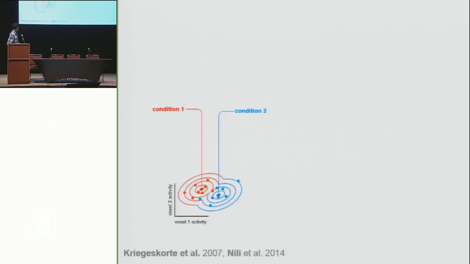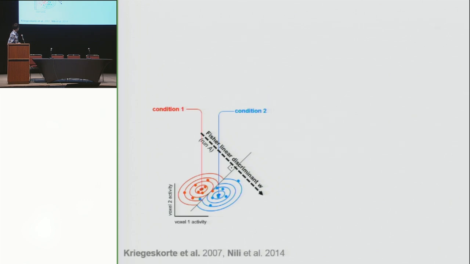We could model these distributions as multi-normals, perhaps assuming that the covariance is the same between these two, and then we'd get an estimate of the optimal decision boundary. So we could estimate the Fisher linear discriminant, which is a vector orthogonal to that optimal decision boundary.